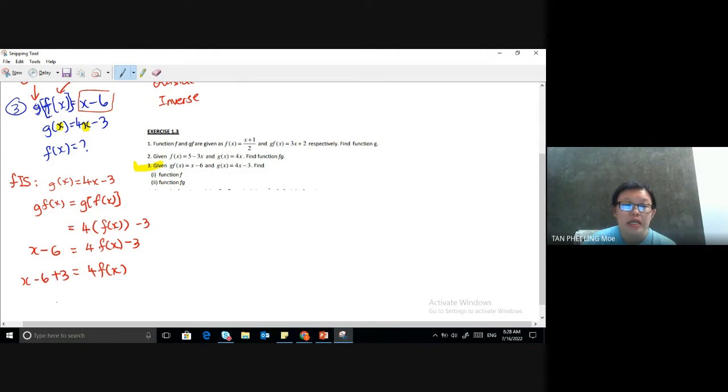We rewrite 4f(x), and x minus 6 plus 3, you can use a calculator, becomes x minus 3. You don't want the 4, this is 4 times f(x), so the opposite of times is divide. So the answer will be (x minus 3) over 4.